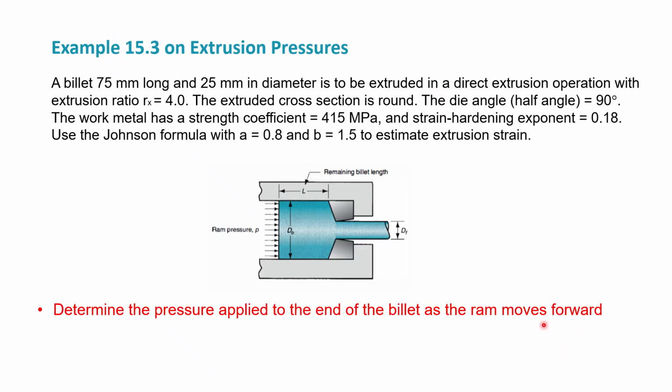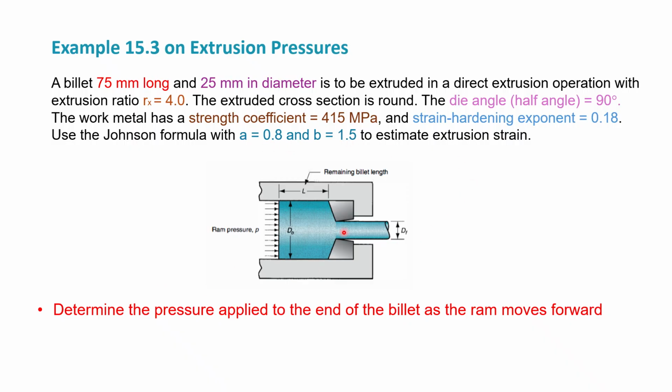Let's go back to the question, and everything should be highlighted again. So L is 75 millimeters, the diameter DO is equal to 25 millimeters, Rx is equal to 4, and the extruded section is round. The die angle is 90 degrees. The strength coefficient is 415 megapascal. The strain hardening exponent n is equal to 0.18. a is equal to 0.8 and b is equal to 1.5.